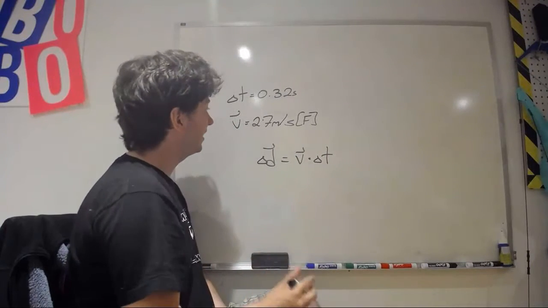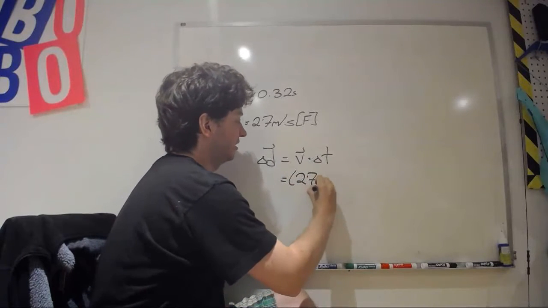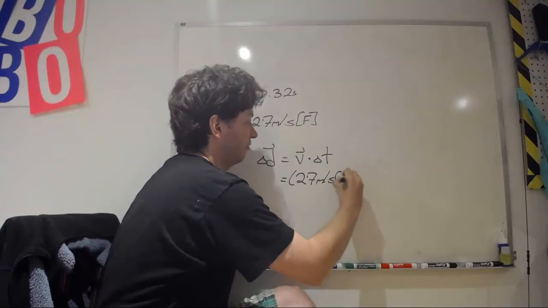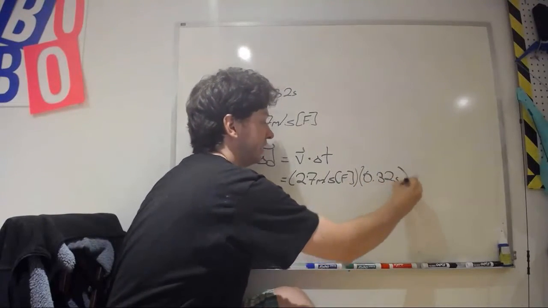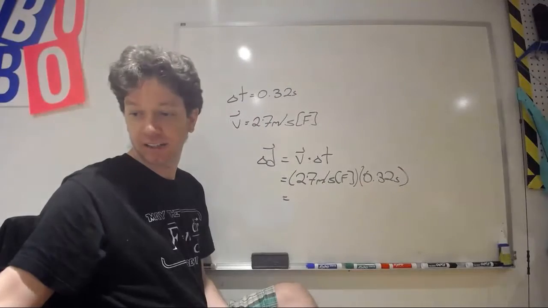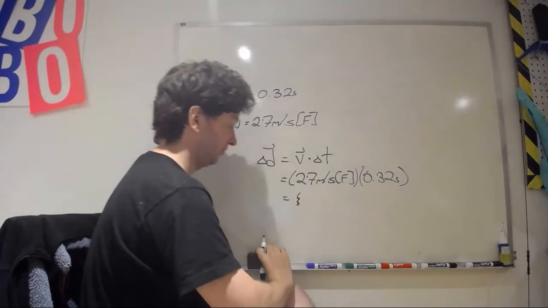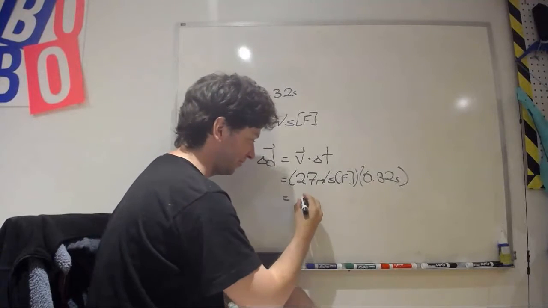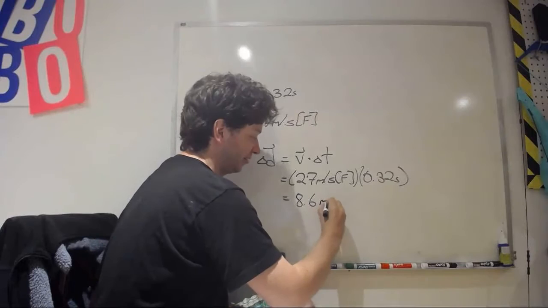All right, so getting back to this, you can write in our velocity, 27 meters per second forward, multiplied by time, 0.32 seconds, and you get 8.6 meters forward. Wow, that's a real funny 8. 8.6 meters forward.